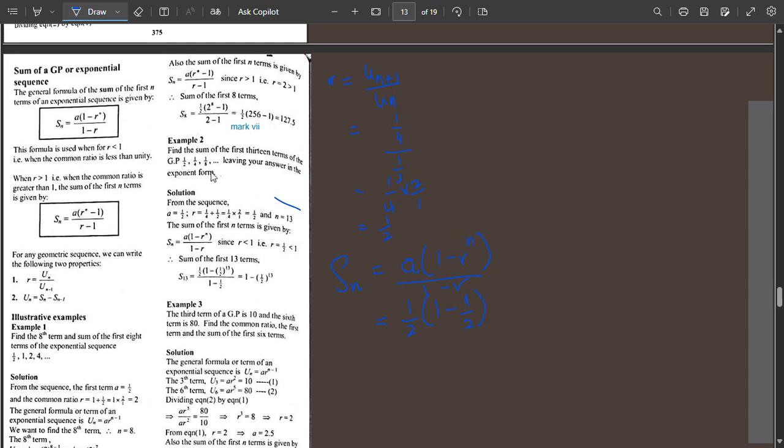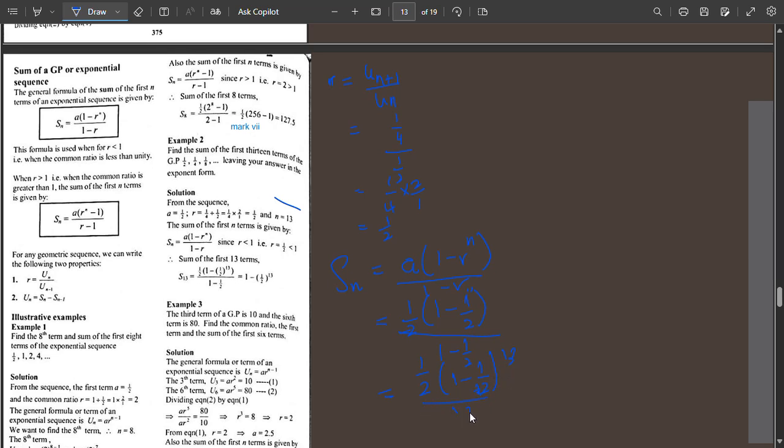And then n is 13. We want the 13th element. Over 1 minus half. That gives us half, right? Multiplying 1 minus half to the power 13.